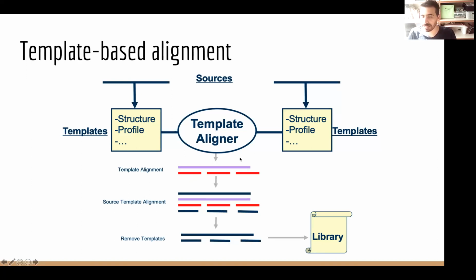But if you have a template aligner, which is a sort of a guiding alignment, you can use that. So let's say that they are well-established homologs. And if you know that they are homologous to these blue ones, you can use them as a guide. And this guide will help you to align these blue sequences with each other. And at the end, you can remove the templates and you end up with this sequence.